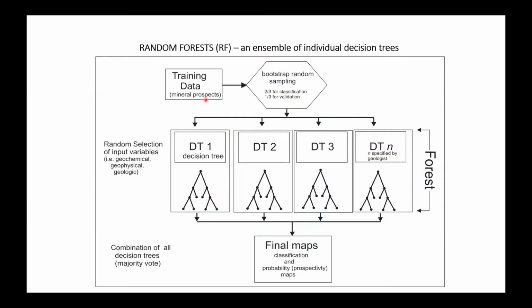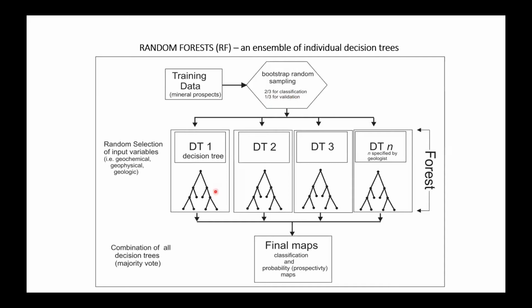Random forest is an ensemble of individual decision trees. A decision tree is composed of nodes and edges and is used for making decisions. Training data are used to train the classifier rules using bootstrap sampling, which means each tree only uses 2/3 of the training data for classification, and the remaining 1/3, which is called out-of-bag data, is used for validation.